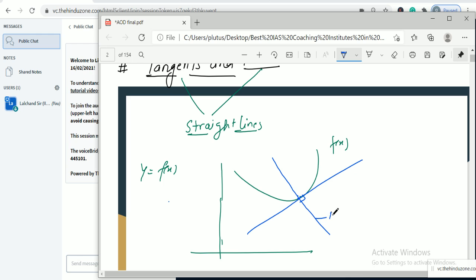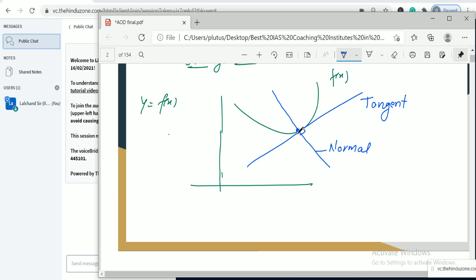This is our normal, and this is our tangent. So what is this point? Let's suppose this is x equal to a, then the x coordinate will be a and the y coordinate will be f(a).